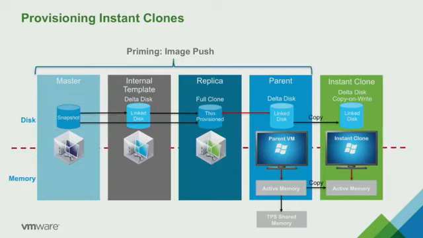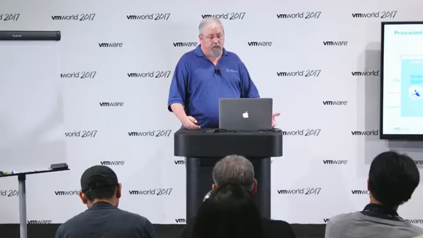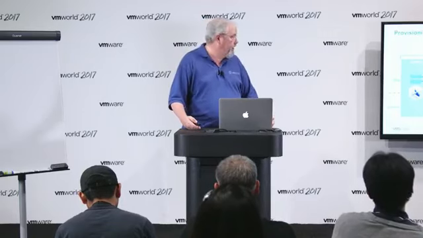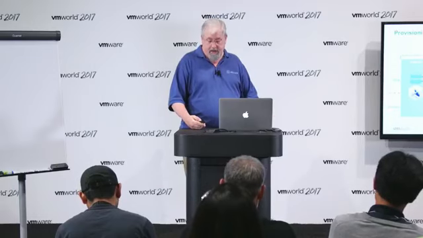The clone prep technology changes its computer name in the Active Directory domain, and the user can log on. If the child VM needs to write any changes to disk, it and the parent both read from the replica. It has its own OS Delta disk that it writes to, and the same thing for the memory. It has its own active memory that it writes to, but it's reading from a copy of the parent memory.